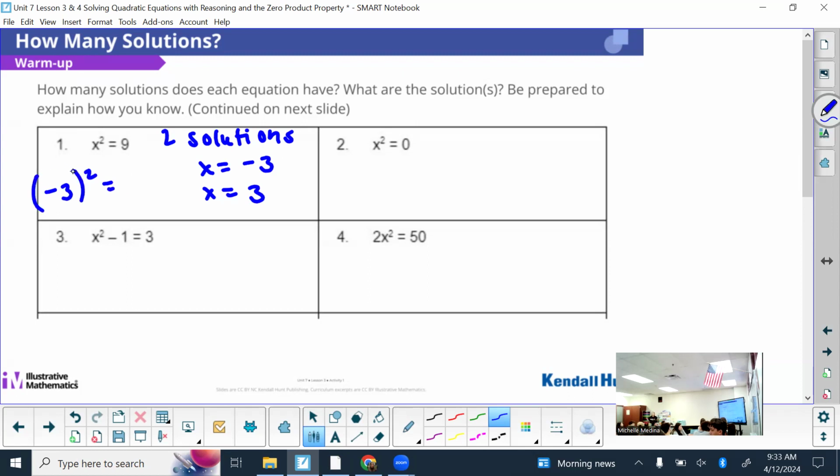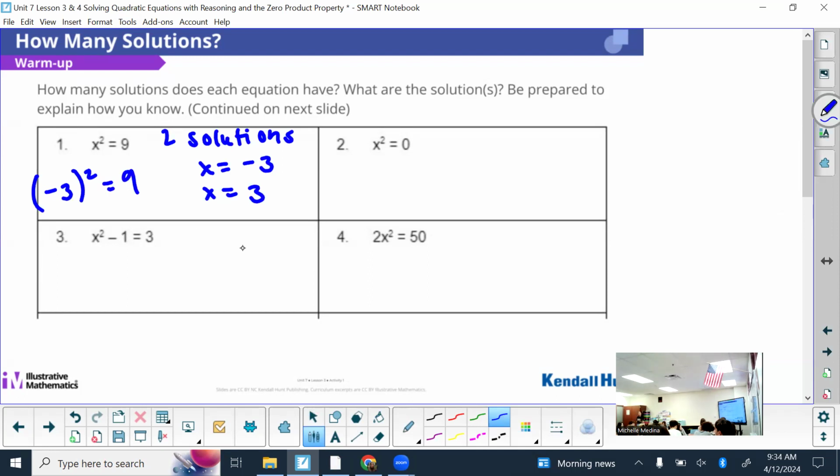To make the calculator tell you the right answer, put that number in parentheses, then hit the square button. You should never square a number and get a negative, but that's a positive. Exponents tell you to multiply it by itself. A negative times a negative is always a positive. Questions on that?